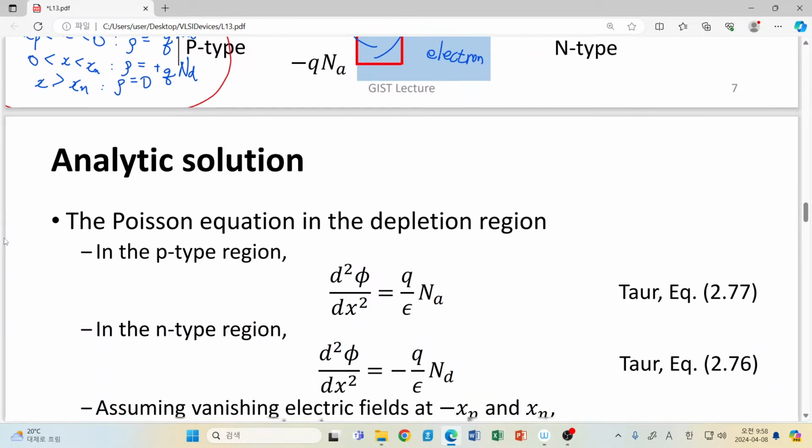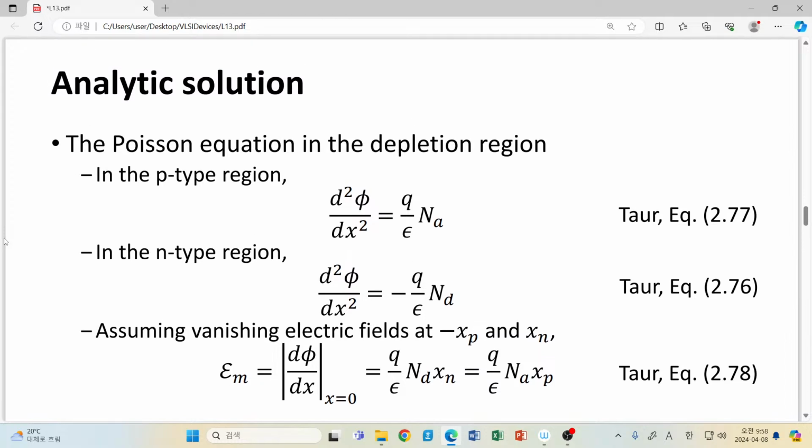It is one of the best ones we can see. Now since your net charge density is so simple, in the neutral region there is no charge, and now we have a constant value for the negatively charged particles and positively charged particles.